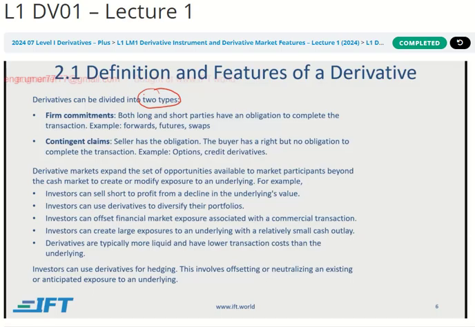Now, the one that we just discussed is what is called a firm commitment, and we looked at a forward contract, right? A futures contract is also similar, and swaps are also an example of firm commitment.